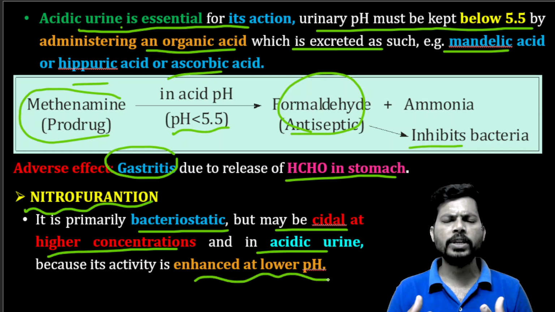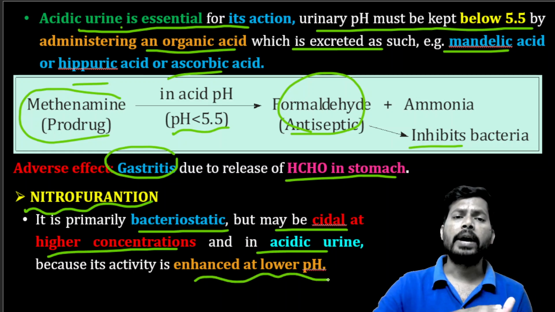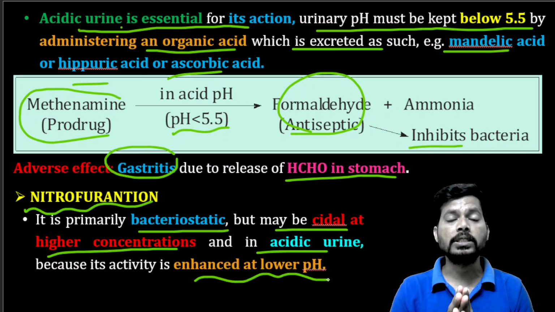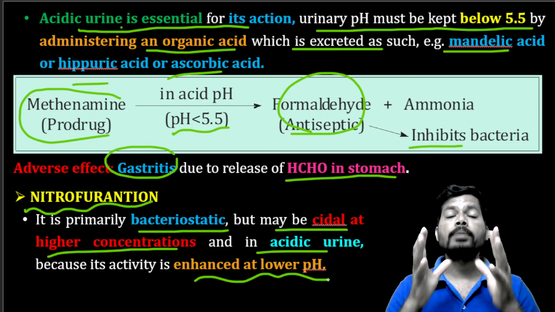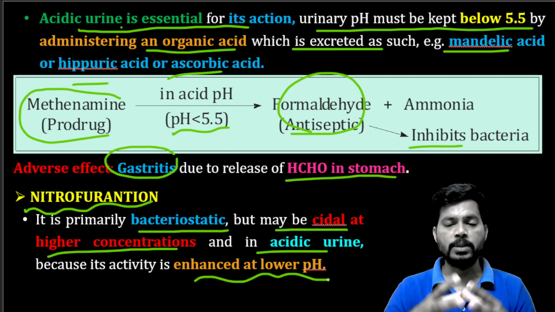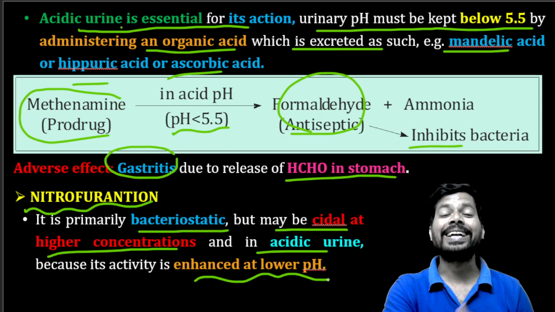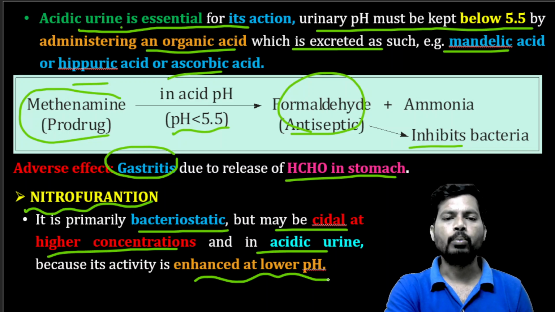Here low pH means acidic pH; high pH means basic pH. So nitrofurantoin is generally bacteriostatic, stops the growth and cell division of bacteria, but at high concentration kills the bacteria, bactericidal. But at high concentration, these drugs may show side effects, adverse effects in the body.